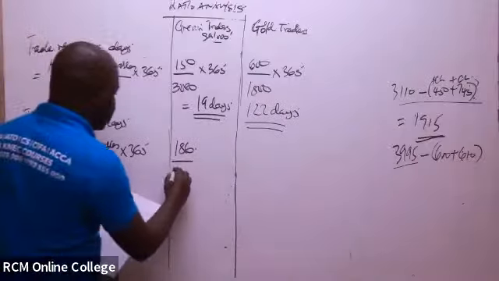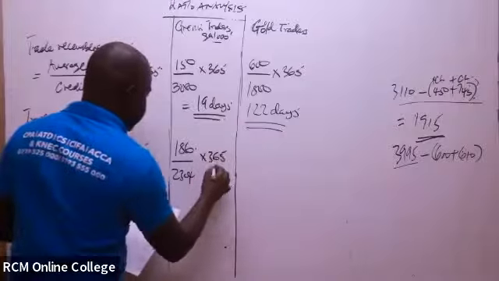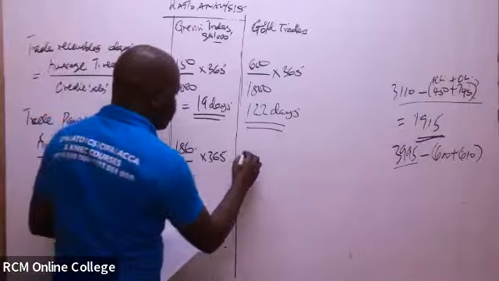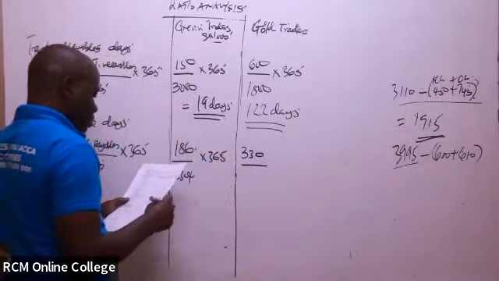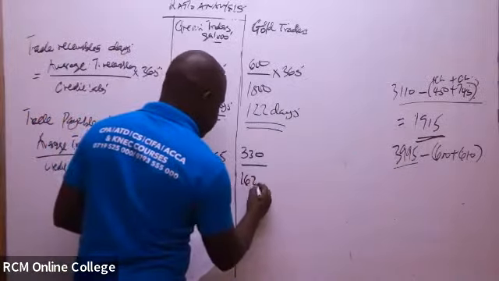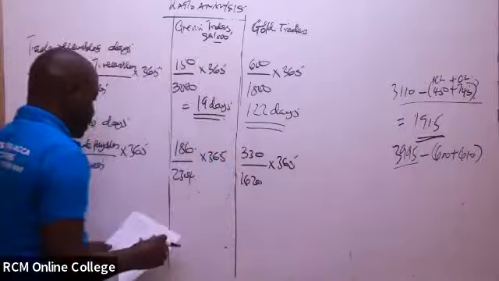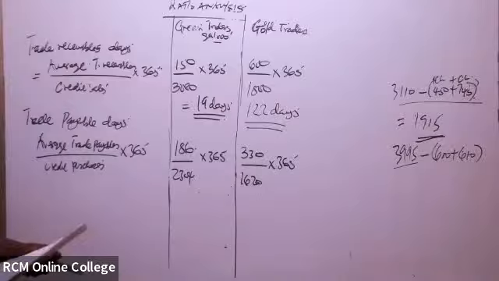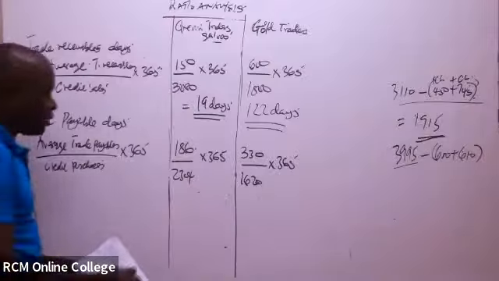So this one is 2304, and we multiply by 365. Then this other one is 330, we divide by 1620, and multiply by 365. So how many days here? 186 over 2304 multiplied by 365 gives 29 days. So you have 29 days.